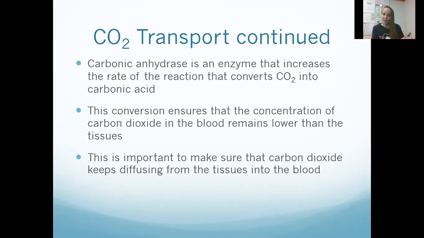If all of the carbon dioxide from your tissues diffused directly into your blood, the partial pressure of carbon dioxide in your blood would be too high for that diffusion process to continue. But by most of that carbon dioxide getting converted into carbonic acid, it makes sure that carbon dioxide will continue to diffuse into your blood.